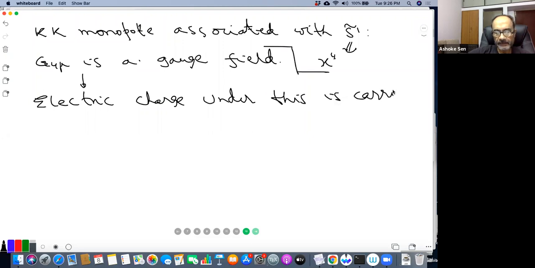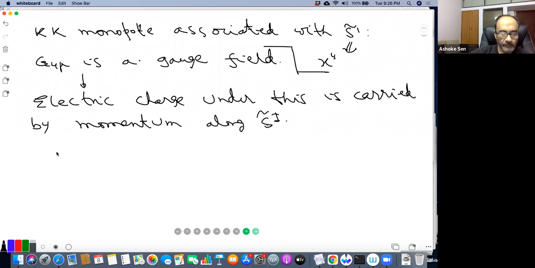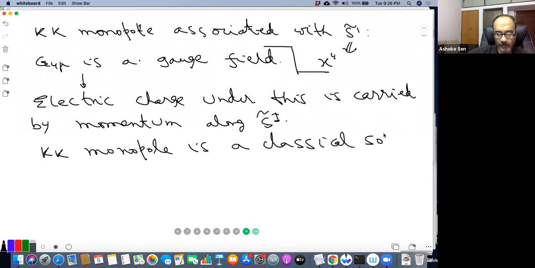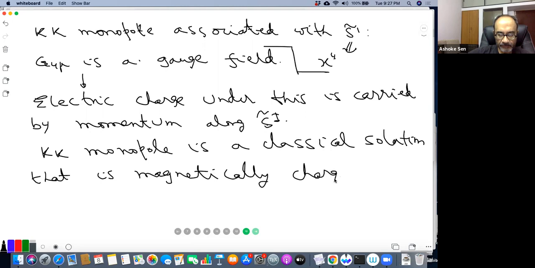The charge is carried by momentum along S1 tilde, along x4. So a KK monopole is a classical solution that is magnetically charged under G4 mu.